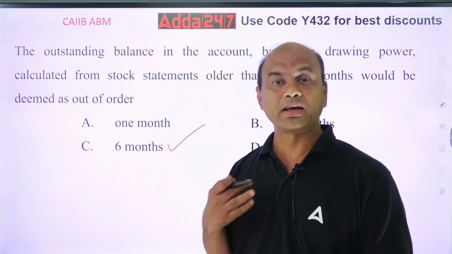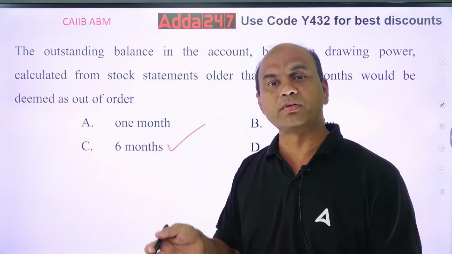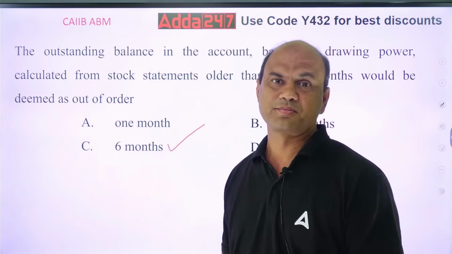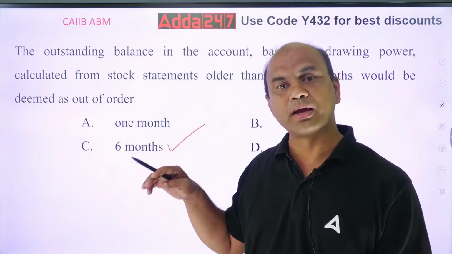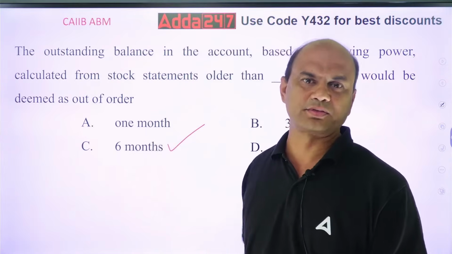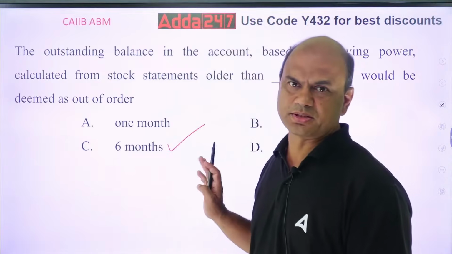If I am a farmer with onions, a 6 months stock is of zero use to me. That's why I said it depends on the company and the specific bank's guidelines or board of directors' directives. But generally it is considered as 6 months.